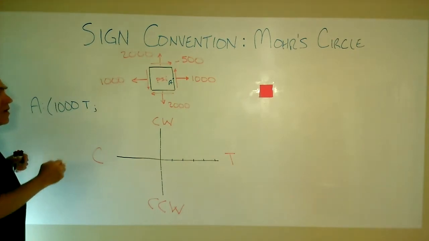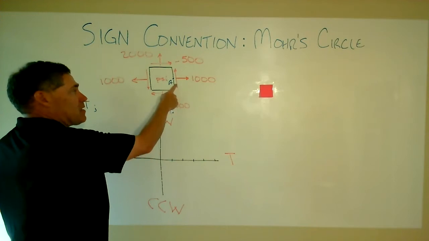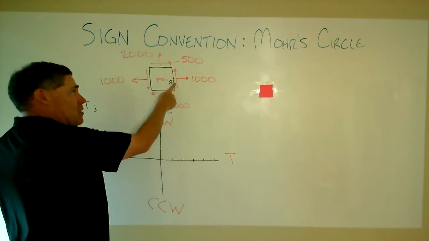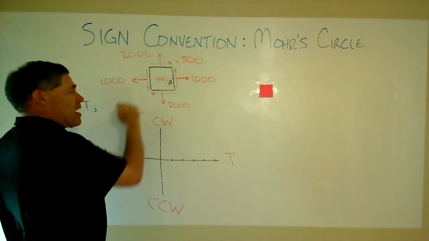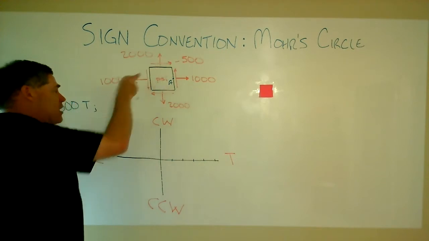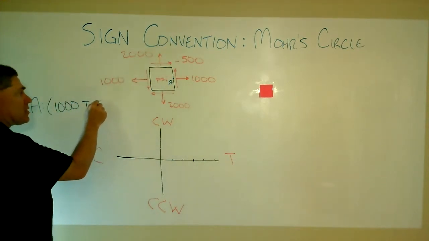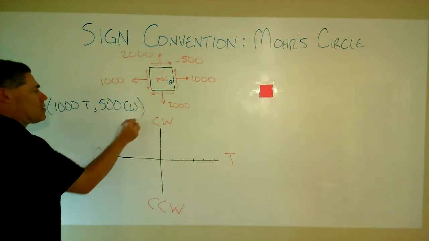The shear stress here is 500, but it's negative. The positive direction on that plane would be physically going up, but since it's opposite, it acts the other way, and that means it wants to spin the whole thing in a clockwise direction. So that would be 500 clockwise.